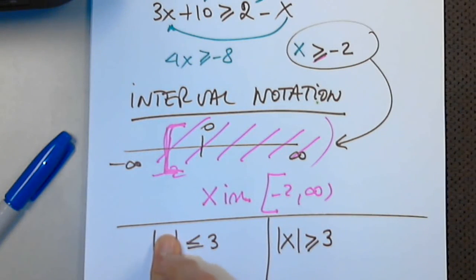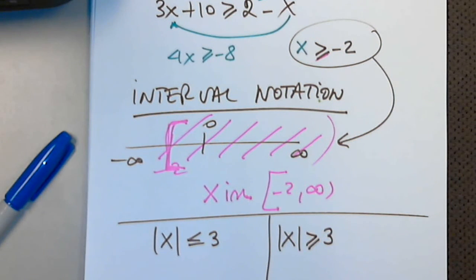Again, I need to understand what this is asking me. Okay, I'm really asked to find numbers whose distance from 0 is 3 units or less. Where will I find those numbers? I know I find negative 3 and 3 exactly at 3 units away from 0. But where would I find the numbers 3 units away from 0 or less? Between. That's the answer, between.